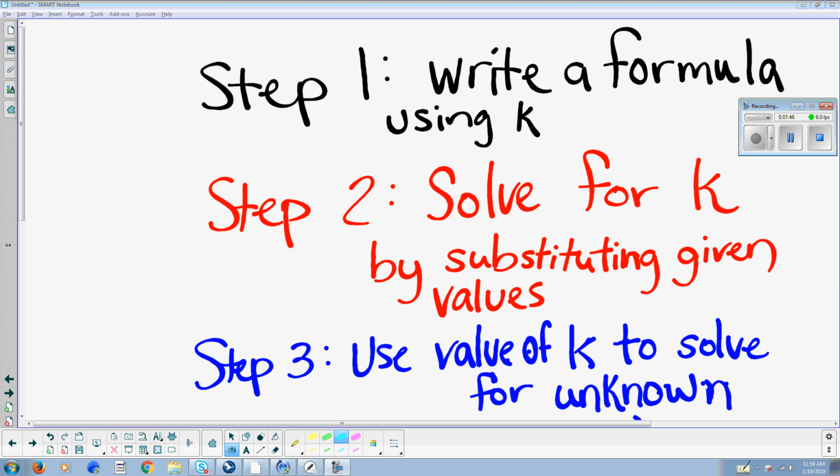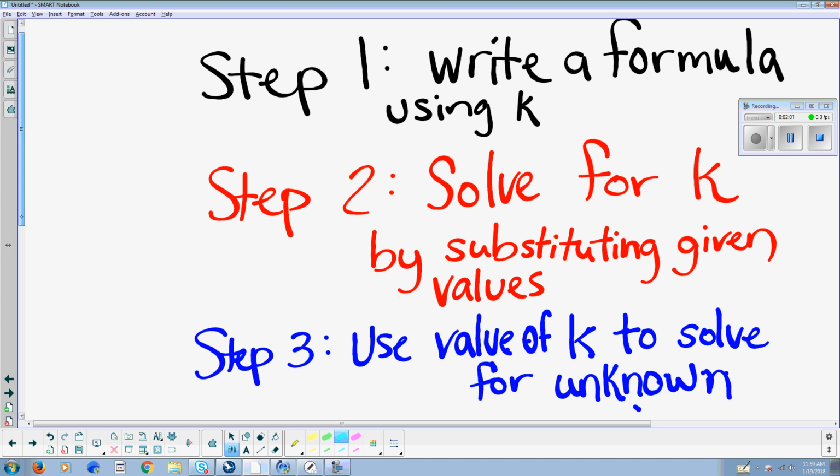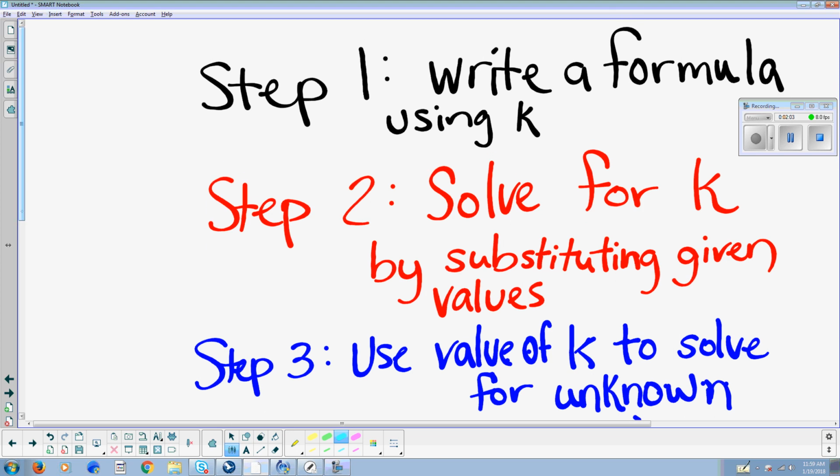Step 2, we're going to solve for the constant of variation k by substituting given values that are given in the reading problem. Step 3 is to use the value of k to solve for an unknown. So basically the question at the end is asking you to find something that is unknown. You're going to have to find k before you can find the unknown.